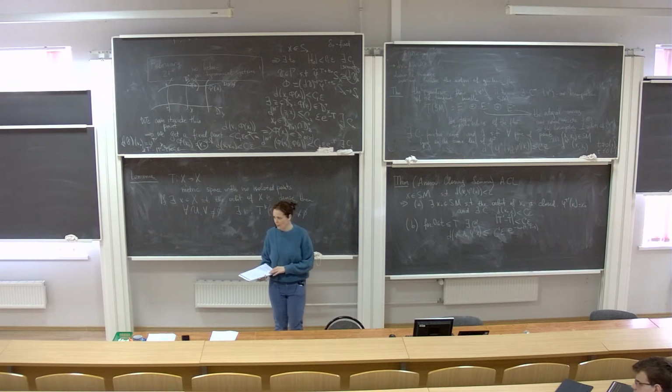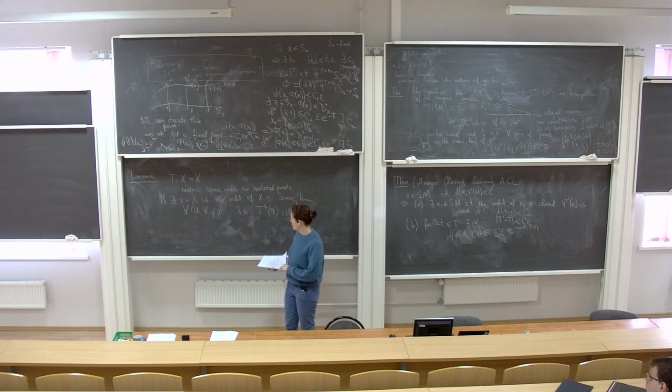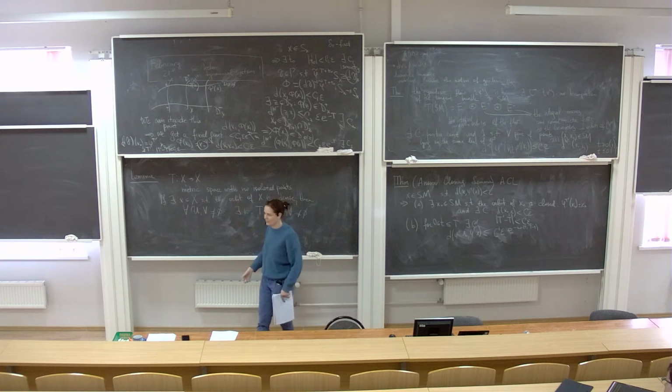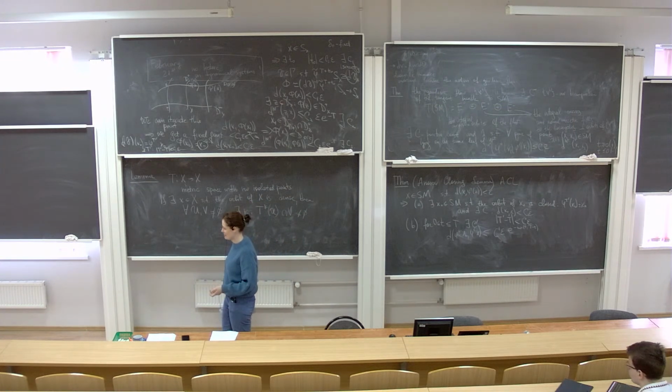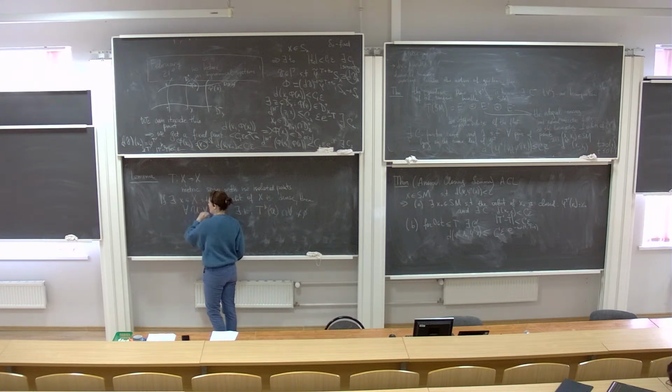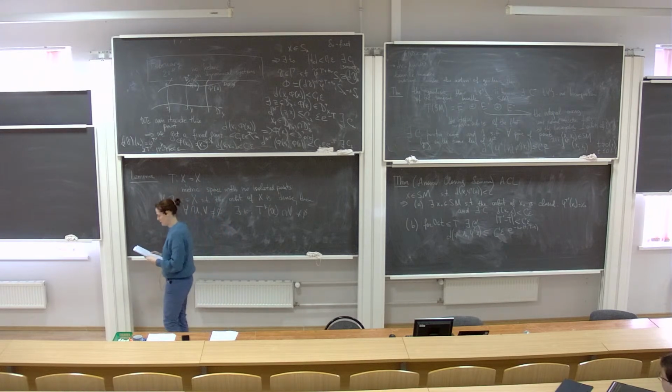We don't expect anything particular from this T. It should just have one dense orbit. But the space should be such that you don't have isolated points, because if you have a space with an isolated point, you can construct some ugly example. Your T is called dynamically transitive, or topologically transitive.